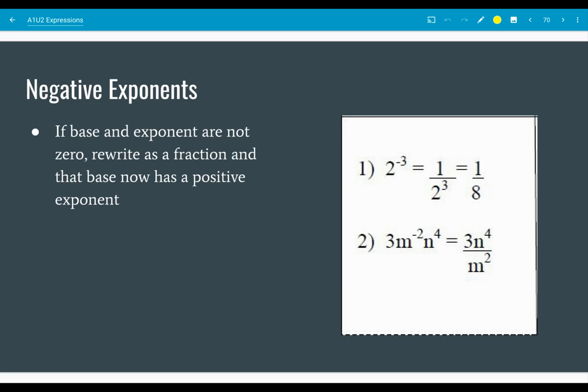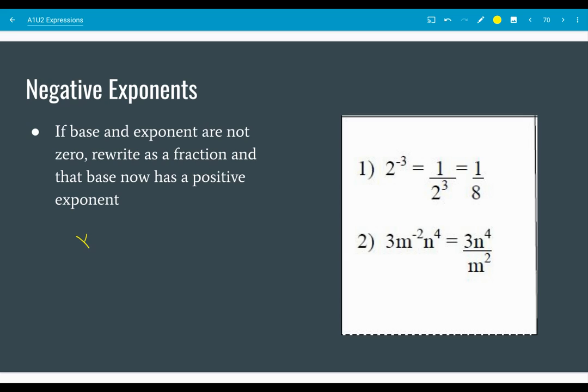Next property to look at is the negative exponent property. The negative exponent property says that if the base and the exponent are not 0, you can rewrite as a fraction and have a positive exponent.